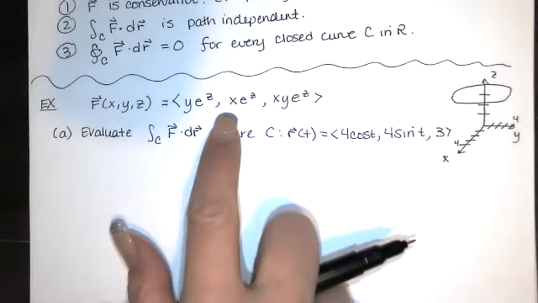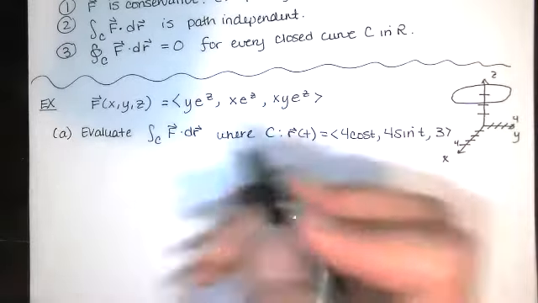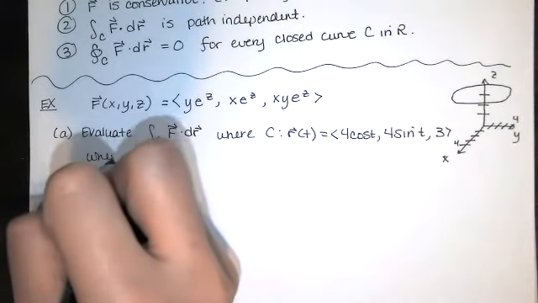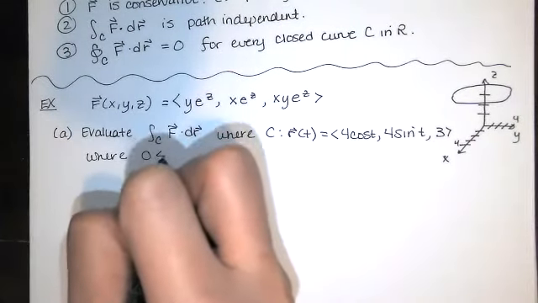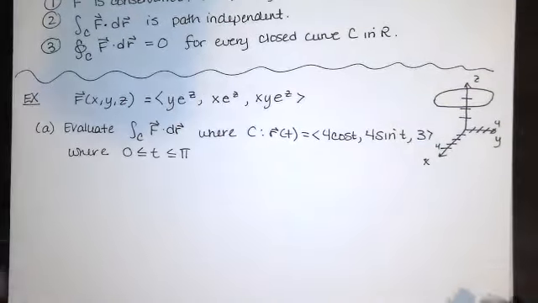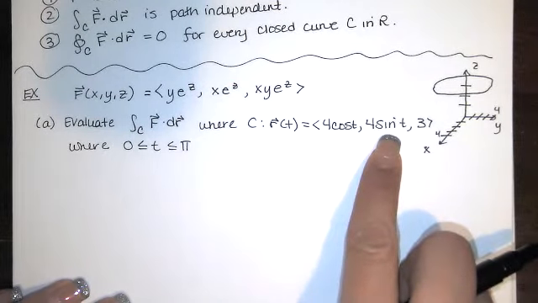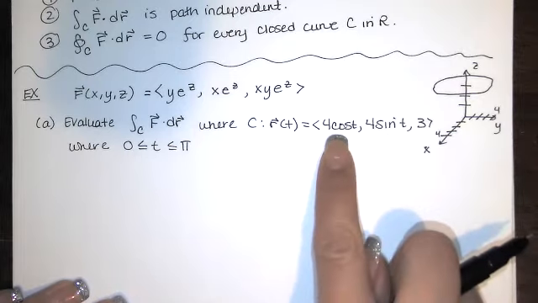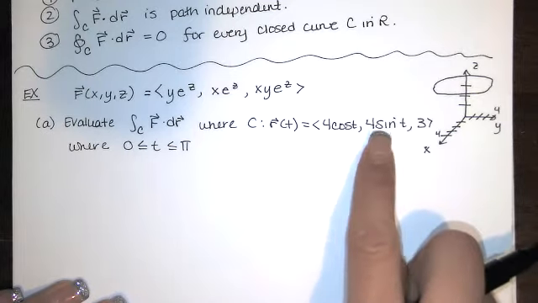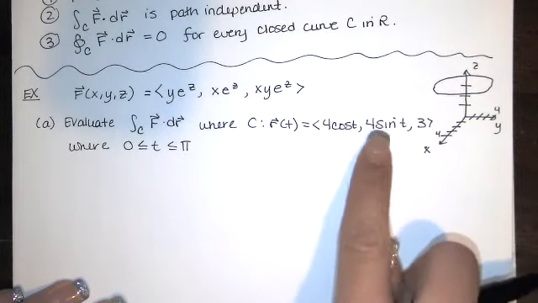Now, if the field is conservative, and we're not actually on the whole circle, we've got some bounds for t. t is between 0 and pi, so we're going to be on part of this circle. When t equals 0, x is equal to 4, and y is equal to 0. So we're going to be at the point (4, 0, 3). And then when t equals pi, we'll be at (-4, 0, 3).